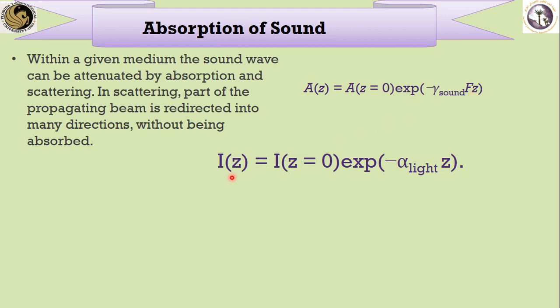For light, I of Z is equal to I at Z equals 0 times exponential minus alpha, light is multiplied by Z. Here is the frequency, here is the material.